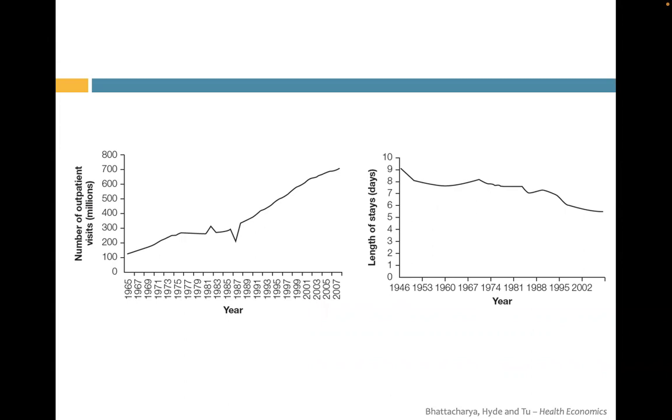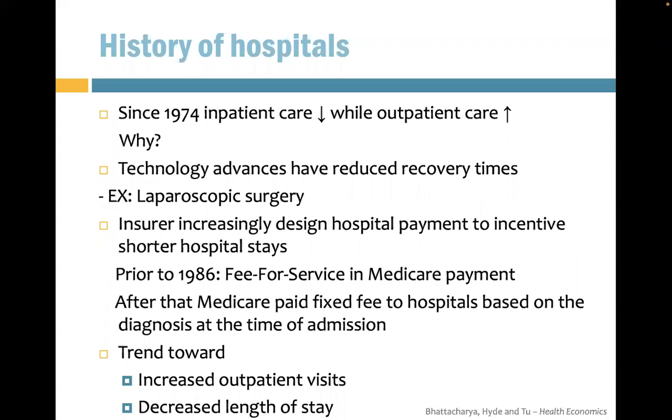Average length of stay was 9 days in 1946, but towards the end of 2010, it decreased to probably 6 days. Okay. So how do we explain this decrease of inpatient care while outpatient care increases?